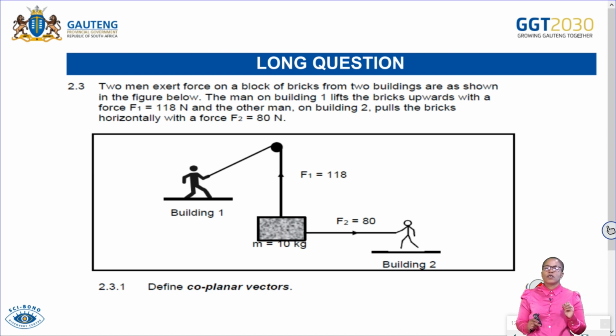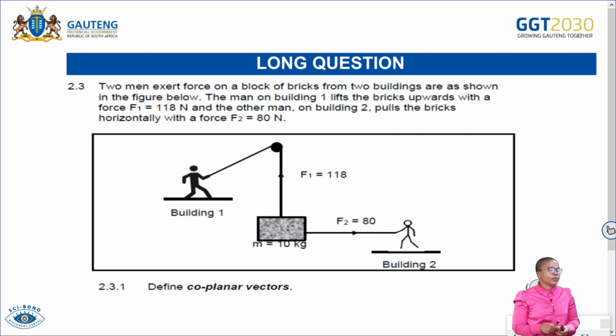The first question, 2.3.1, says define coplanar. These are vectors that lie on the same plane, meaning one can be going horizontally and the other can be going vertically. They don't lie on the same line of action like collinear vectors, but they share the same plane.